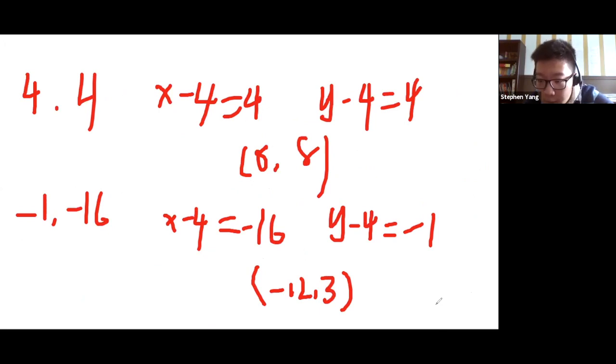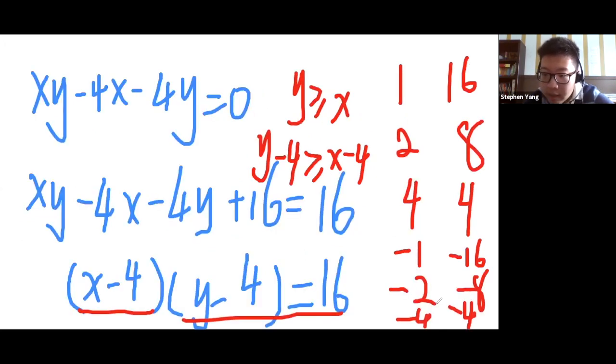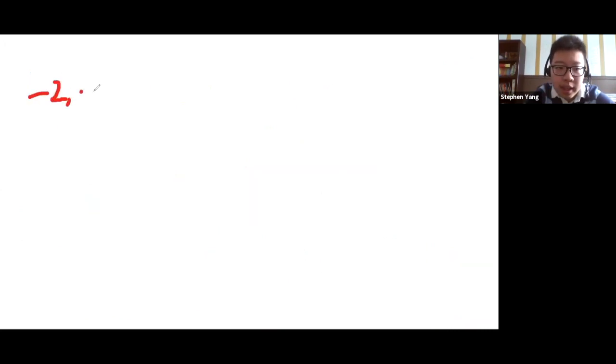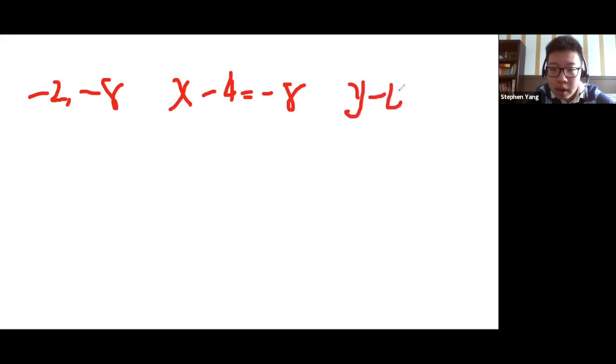Two more pairs to go. Now it's -2 and -8, which means x minus 4 is equal to -8 and y minus 4 is equal to -2.